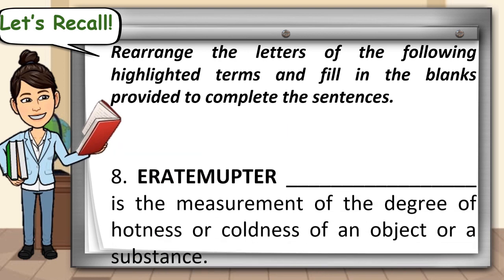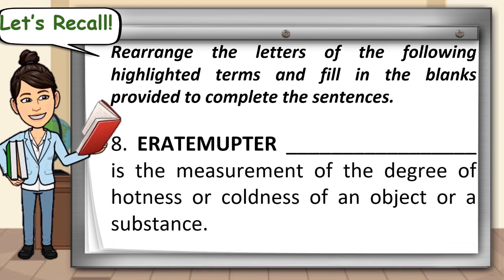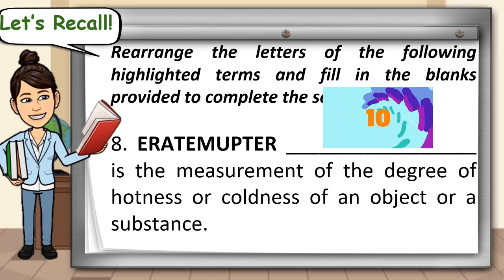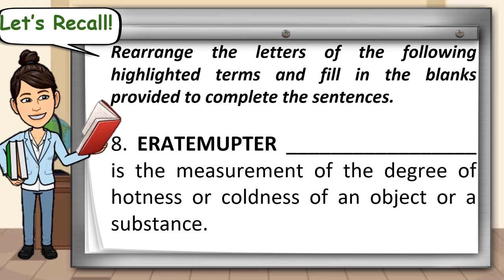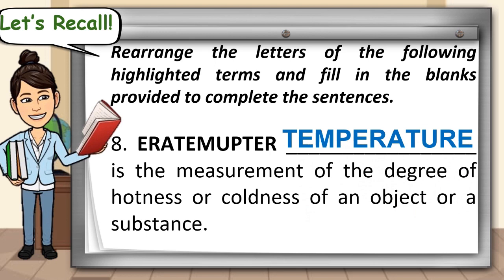Number 8. Blank is the measurement of the degree of hotness or coldness of an object or substance. You have 10 seconds to answer. And the correct answer is temperature.